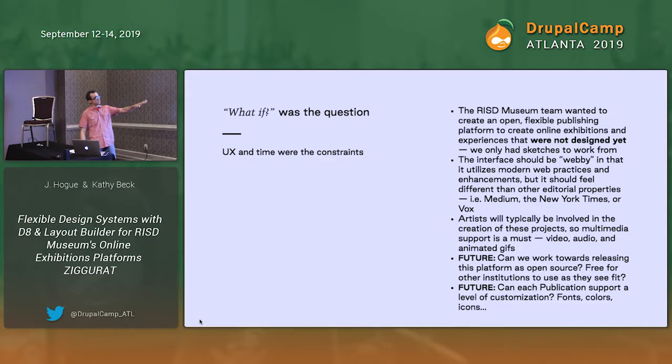And then finally, the last two were some future states that we wanted to keep in mind. We didn't want that to hold back the project, but we wanted to make sure we could work towards that. Their future state was, once we get a really great platform, can we open source that? Can we release it to the world so that other museums, other institutions can use that as a publishing platform?